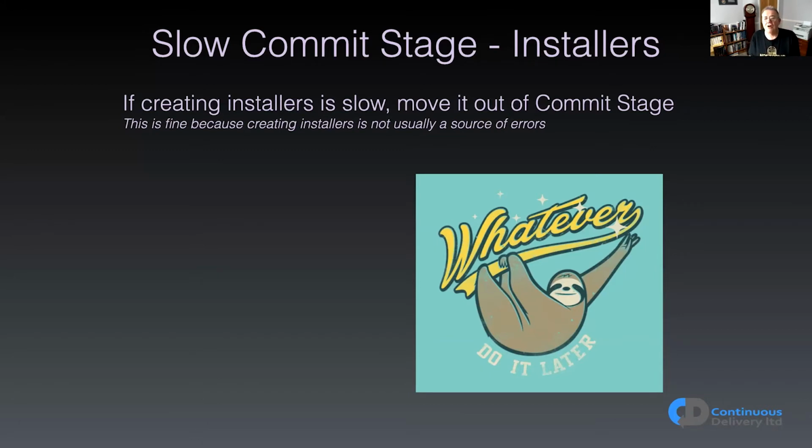That's not a place that commonly finds errors. So it's okay to move this out, and report back that the commit stage was successful before you've started or at least finished building the installers. The downside of this is that you're still adding delays into the pipeline overall, but it still allows you to optimize the fast cycle, the commit cycle.